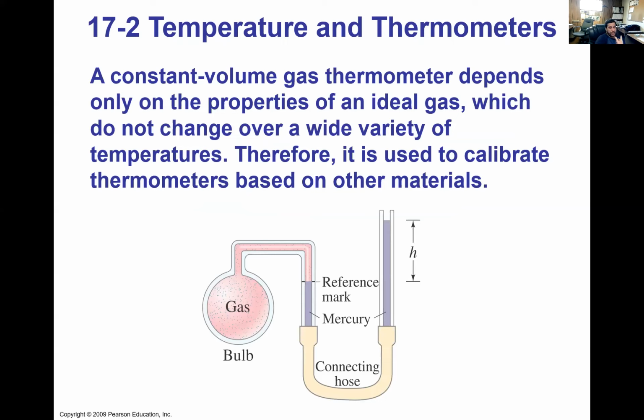Therefore, they're extremely accurate, and they are used to calibrate other types of thermometers based on other materials. So you have some gas over here, you have reference marks right here, and then you have mercury and a hose connecting the two sides of this thing, right? So this is a picture of a constant volume gas thermometer.